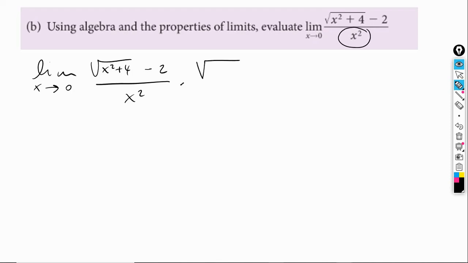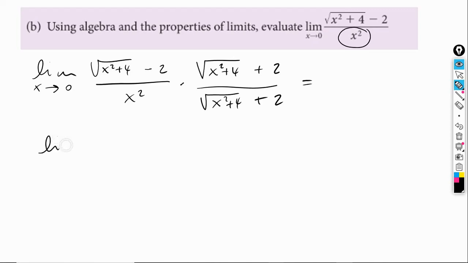So the conjugate of this expression on the numerator would be the square root of x squared plus 4 plus 2. And then we also have to multiply it by the denominator. So this multiplied by the square root of x squared plus 4 plus 2. So then what are we going to get?